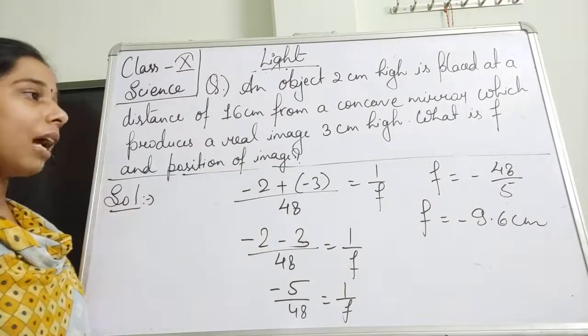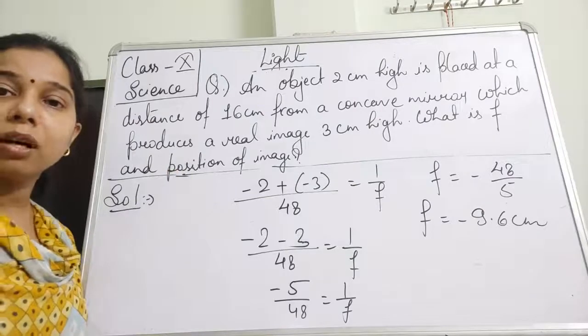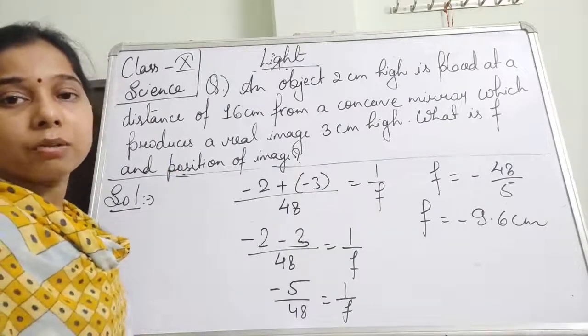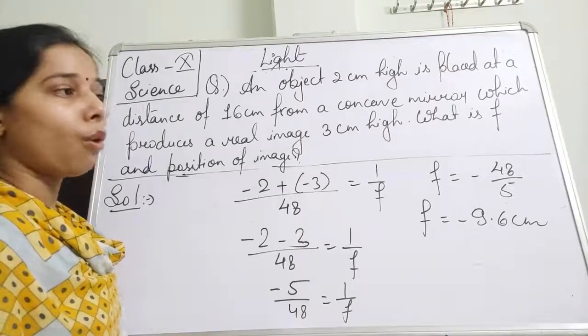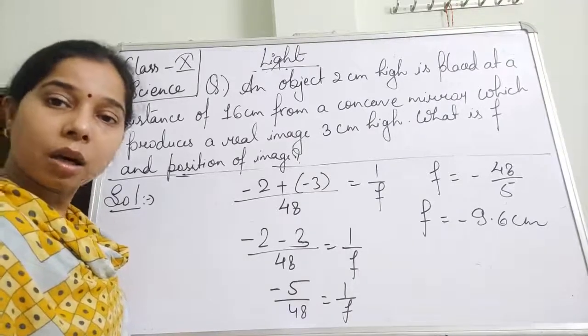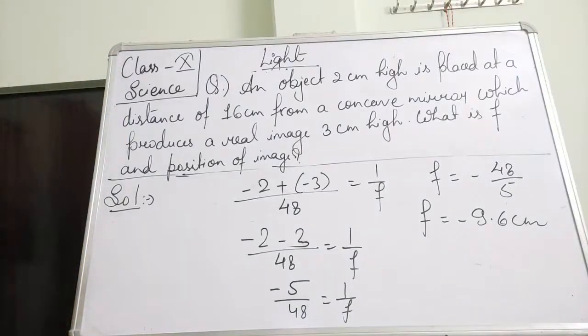Okay, so we have calculated the position first, and then with the help of the position of the image, that is with the help of the image distance v, we get the value of the focal length also. So this is the question, students, by which we can get the value.